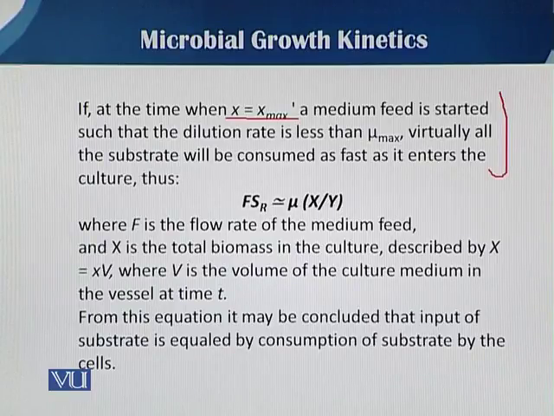So when we add any substrate into the medium, we have to make sure what quantity of the substrate we are adding and at what rate, meaning the flow rate of the addition. When we add something into the fermentation, two parameters are very critical.